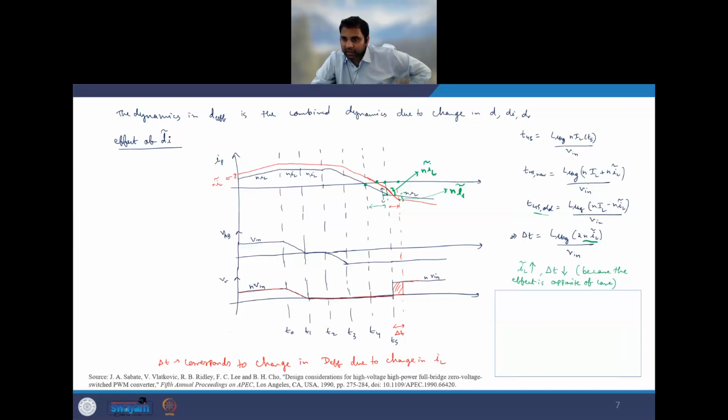If I take this as NIL minus, from this point it is minus NIL tilde, and from this point till this point, it is 2 times NIL minus plus NIL tilde, and that is when you will get 2 NIL delta.